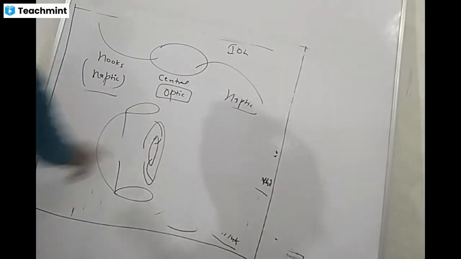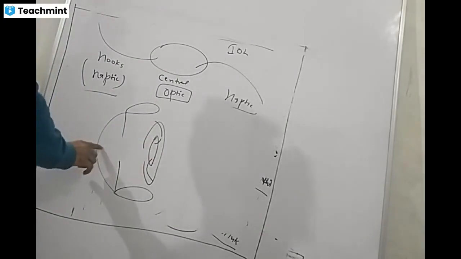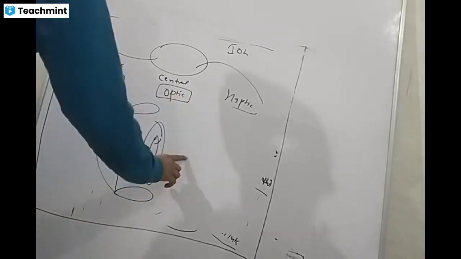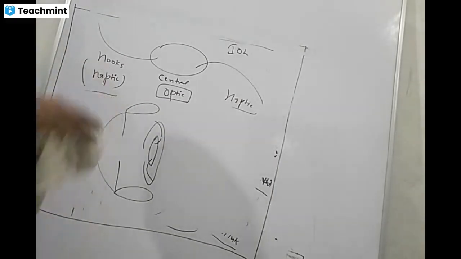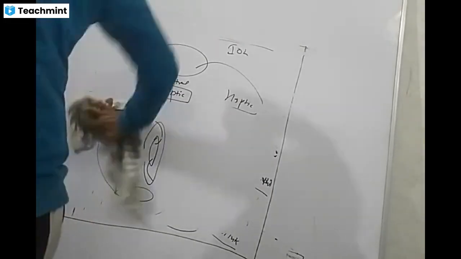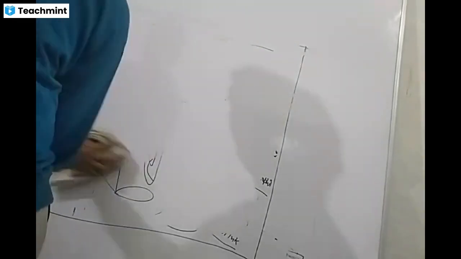The role of this lens is that some power is contributed by the lens and some power by the cornea. Now the image will form on the retina. So this was about extracapsular, where we remove the cataract, leave the capsule, and can implant intraocular lenses in the capsular bag.